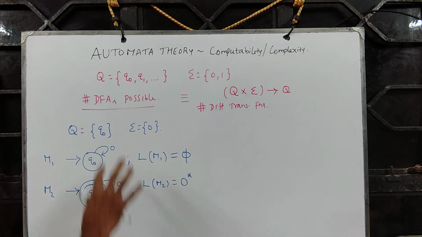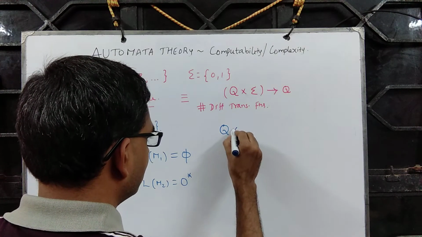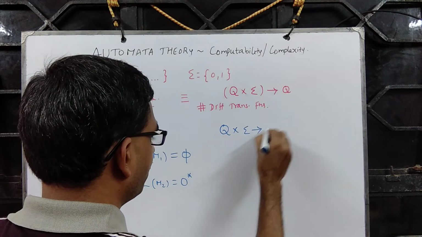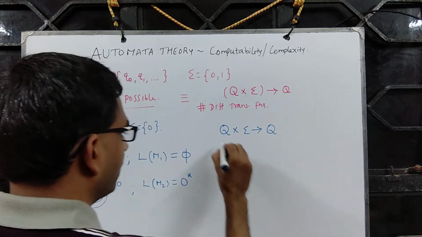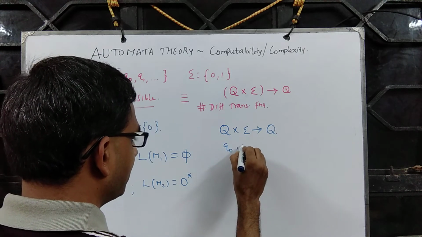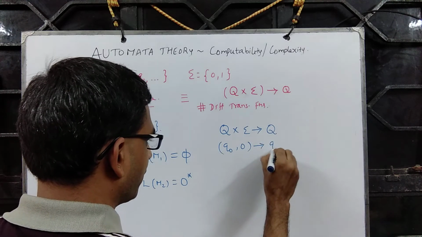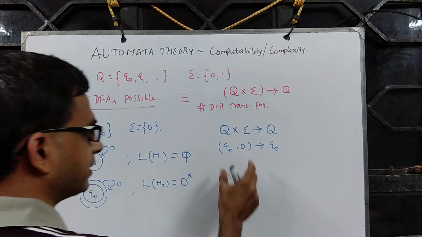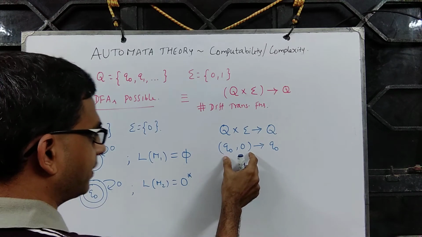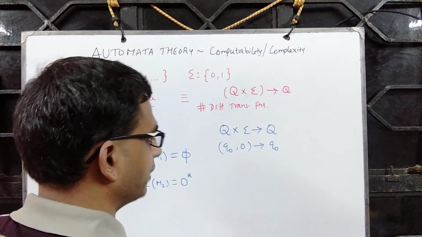Now if you count the functions, Q cross sigma to Q: Q cross sigma is Q0 and 0, mapping to Q0. So how many functions are possible from a domain of size 1 to a codomain of size 1?